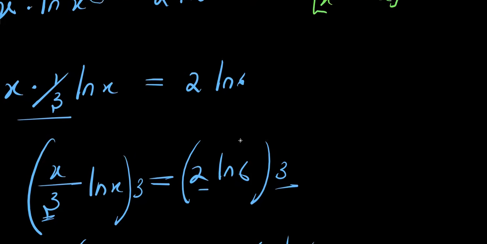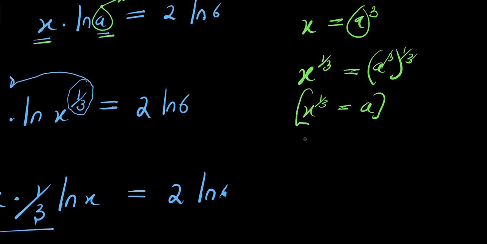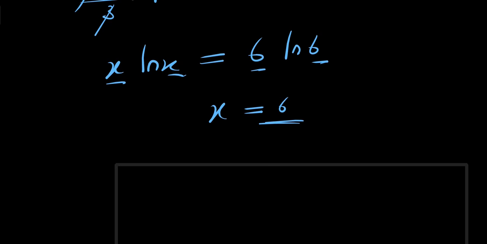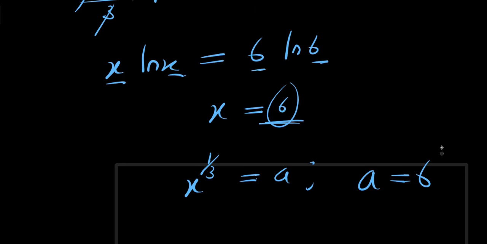To solve for a, recall this, x^(1/3) equals a. And our x is 6, so we have a equals 6^(1/3).